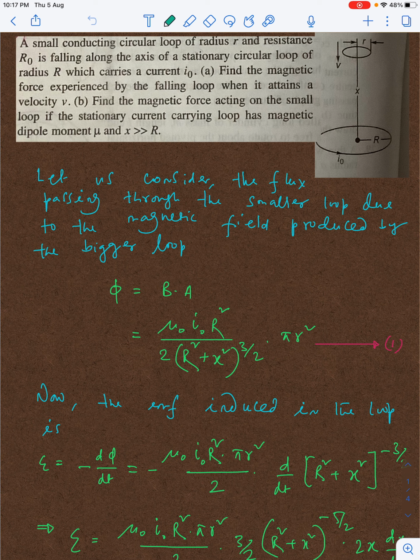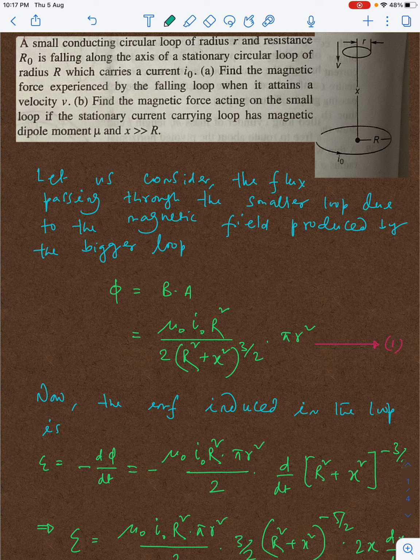The question says that the smaller conducting loop of radius r and resistance R naught is falling along the axis of a stationary circular loop of radius capital R, which carries a current I naught. So this bigger loop is carrying a current I naught. And they're saying, find the magnetic force experienced by the falling loop when it attains a velocity v.